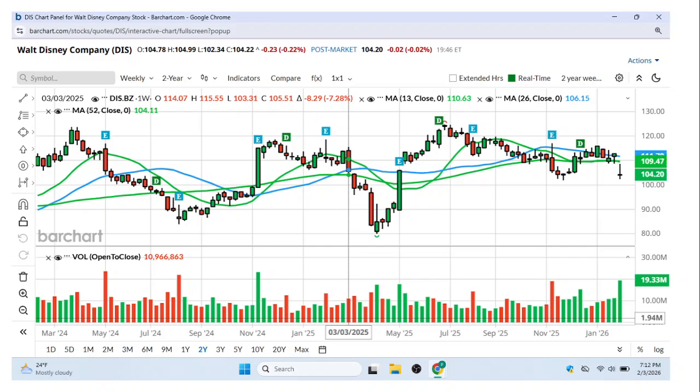And then the third chart here, I'll show you Walt Disney Company, symbol DIS. To me, this is more of a long-term, 2-year sideways trend, where price to the left closed around here, and today it's just slightly lower, indicating a big giant sideways trend.